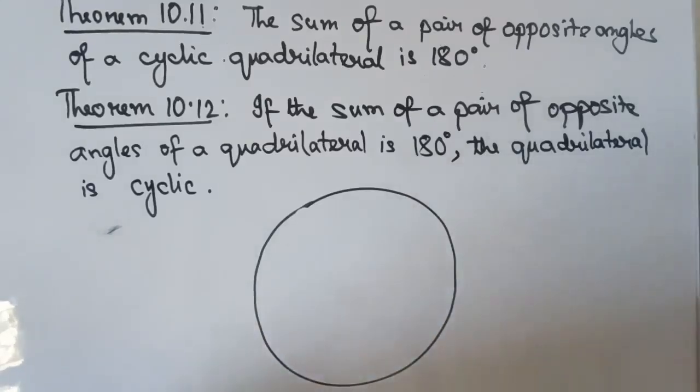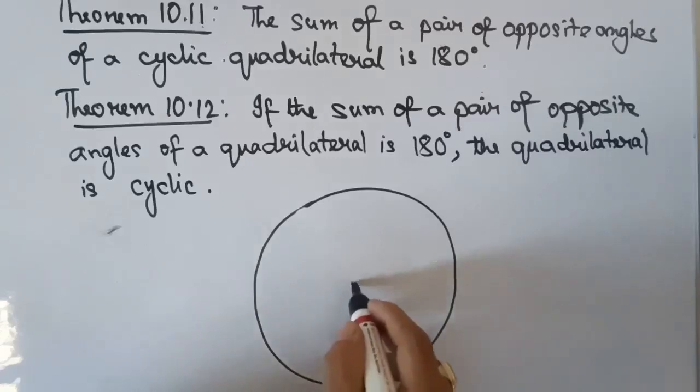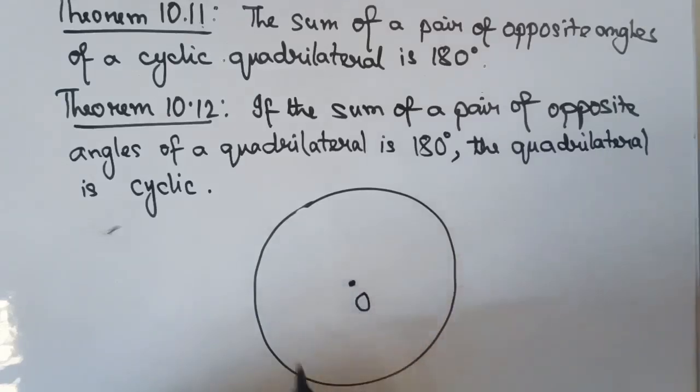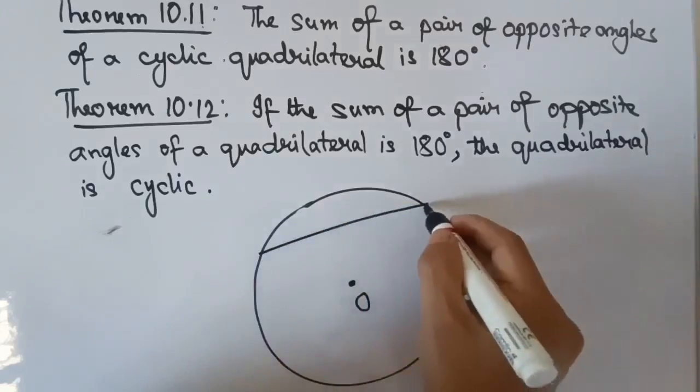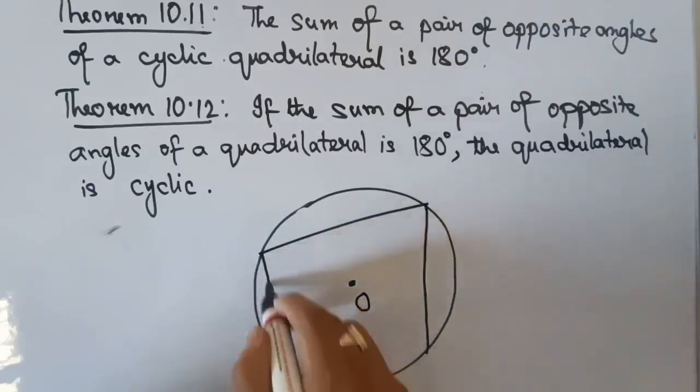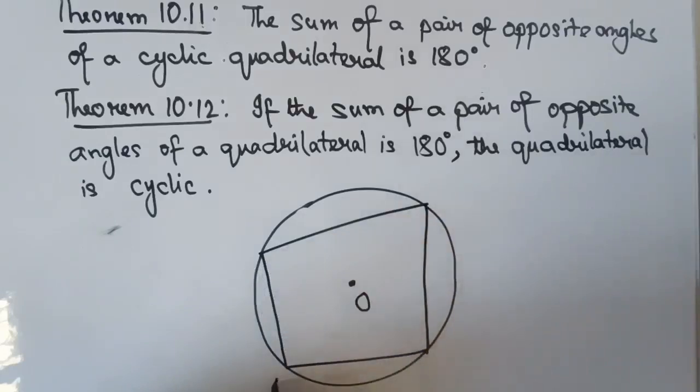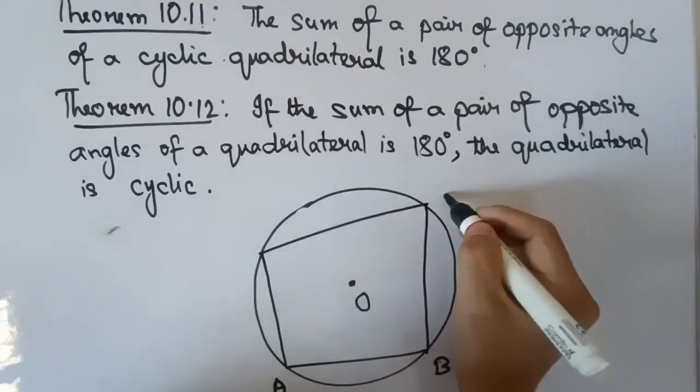Next is theorem 10.11 and 10.12. In theorem 10.11 it says the sum of a pair of opposite angles of a cyclic quadrilateral is 180 degrees. Here the cyclic quadrilateral means a quadrilateral in which all four vertices lie on the circle. For example, this is a circle with center O. If I draw a quadrilateral here with all its vertices lying on the circle, then this quadrilateral will be a cyclic quadrilateral.